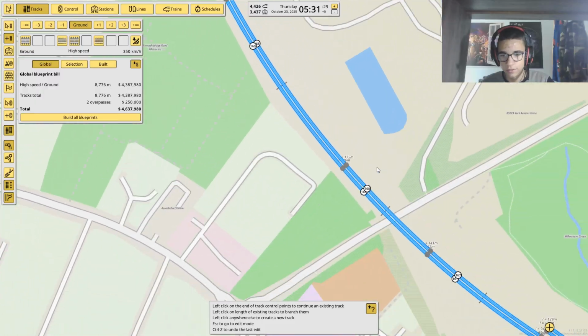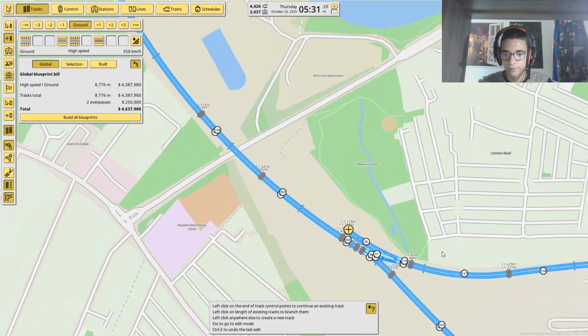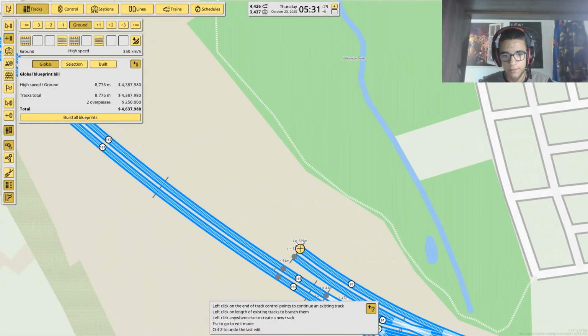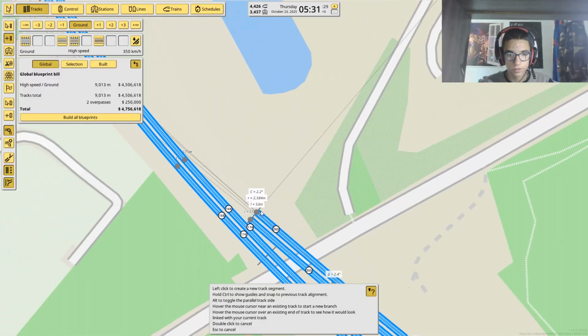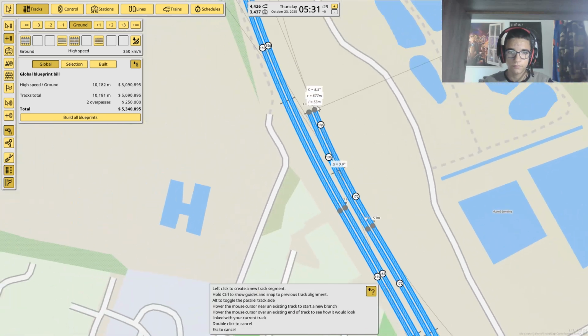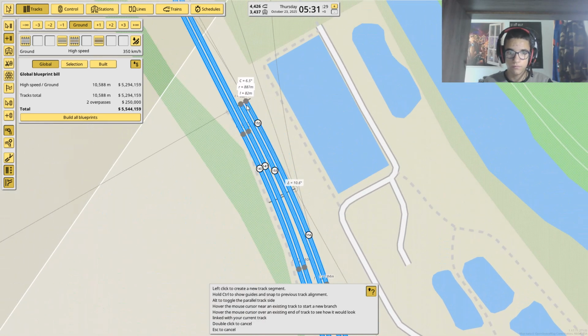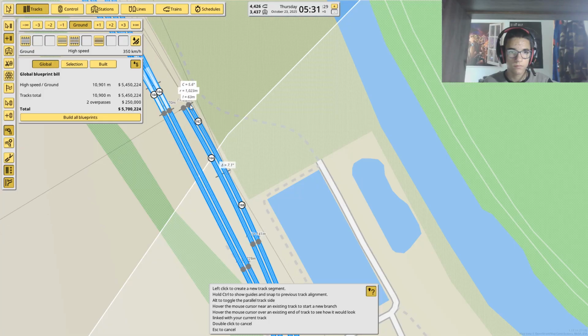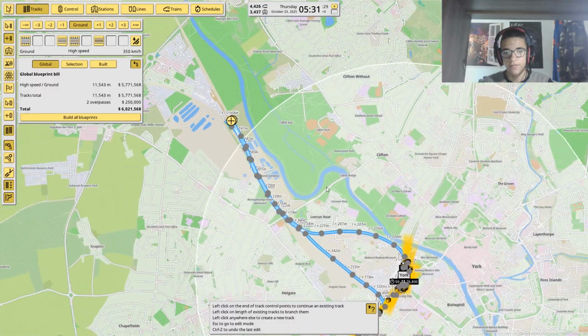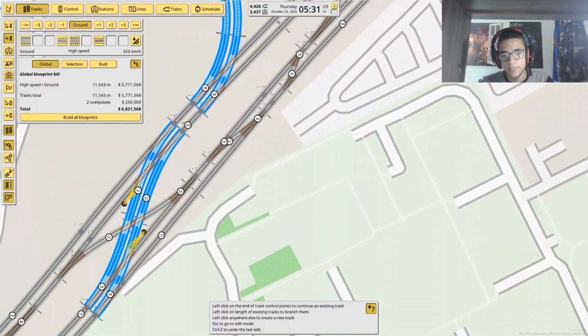That's why I made that crossover, because I'm going to use this bit of line here to go down this way. And we're just going to do that. So this goes on at 4 tracks, I believe, and then this is it here.